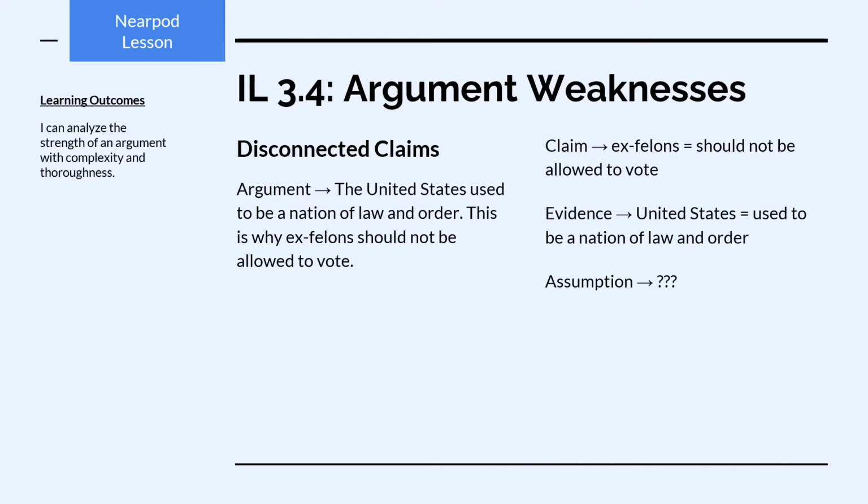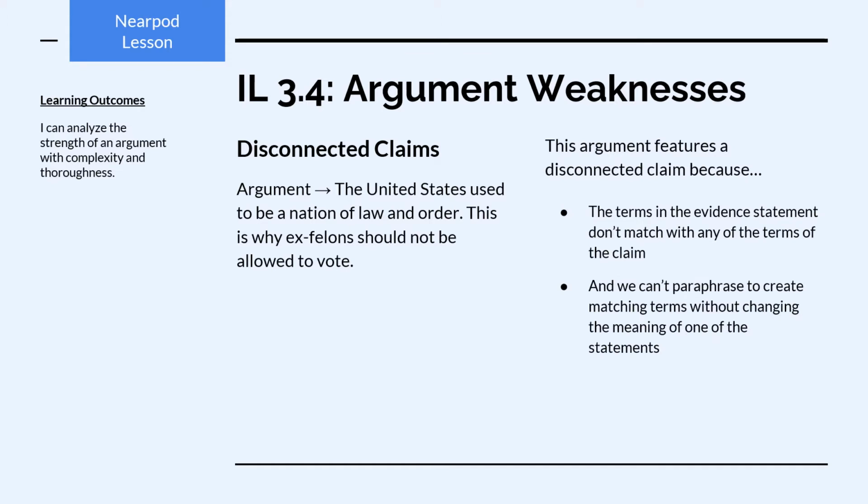My assumption, though, is really difficult to pin down because I don't have any matching terms. Now, in a previous lesson, we talked about how when you don't have matching terms, you have to rephrase your claim or evidence or both so that they do have matching terms. But that's not really something we can do here.